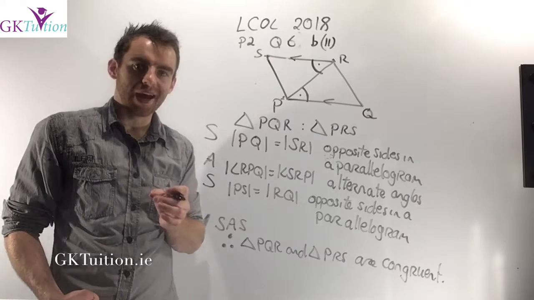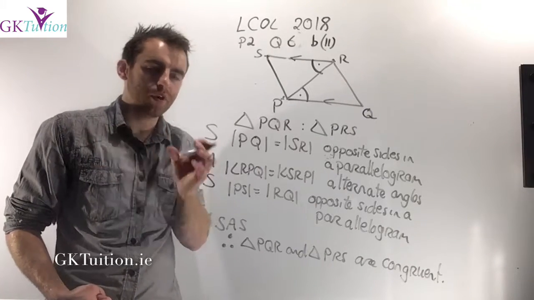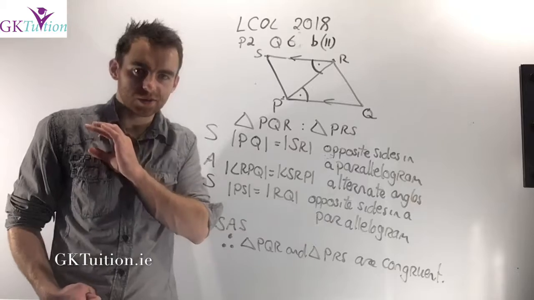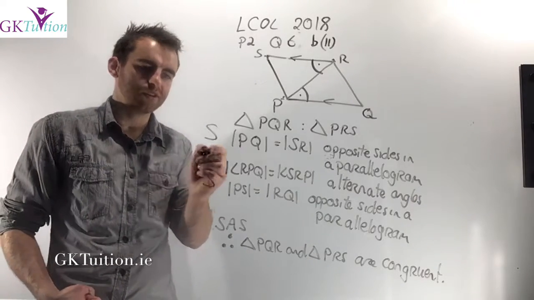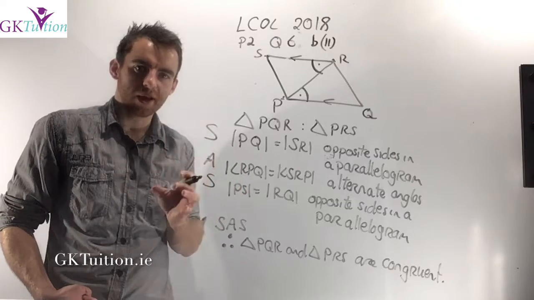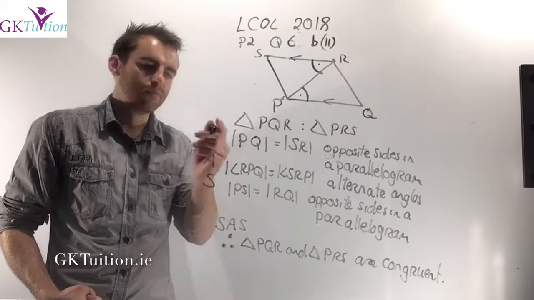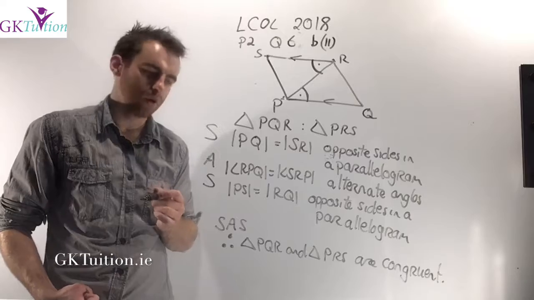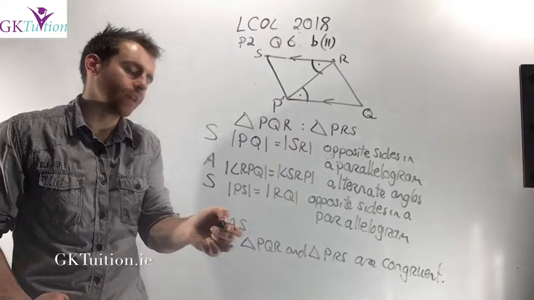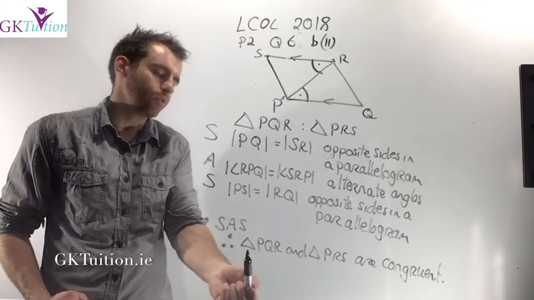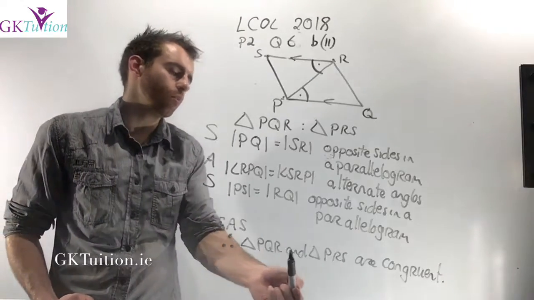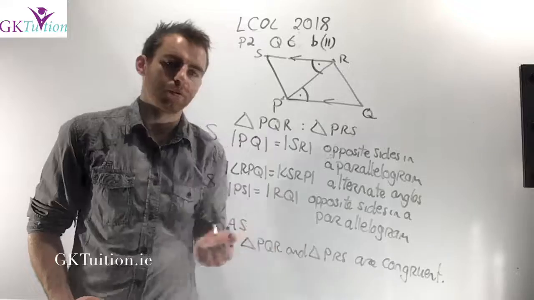The exception to that is if you prove that all three angles are equal to each other, that doesn't necessarily mean that they're congruent. So if you're not 100% sure on this theory, make sure you go back over your notes or go back through the book and make sure you're clear on how to prove triangles are congruent. Once I've proven that they have two sides and an angle in common, I can therefore conclude that the triangle PQR and the triangle PRS are congruent.